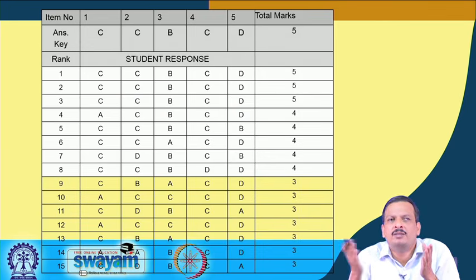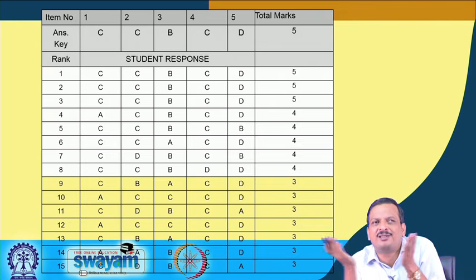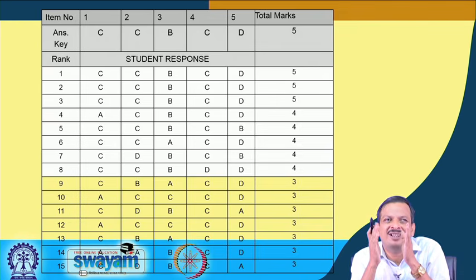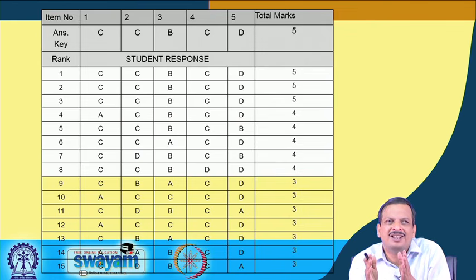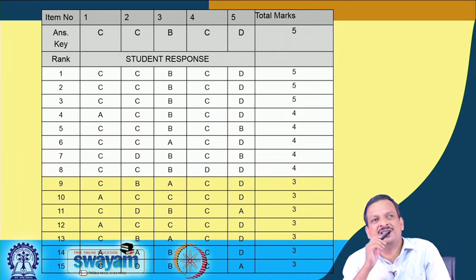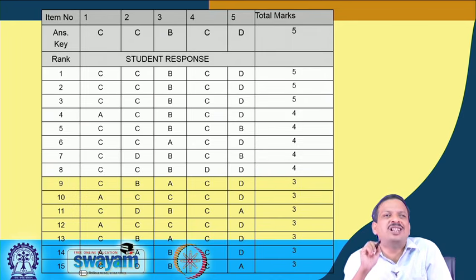Then what is the capability of the distractor? I have not yet said what a distractor is. So, in multiple choice questions, what should the choices be? Designing an MCQ is not that easy.